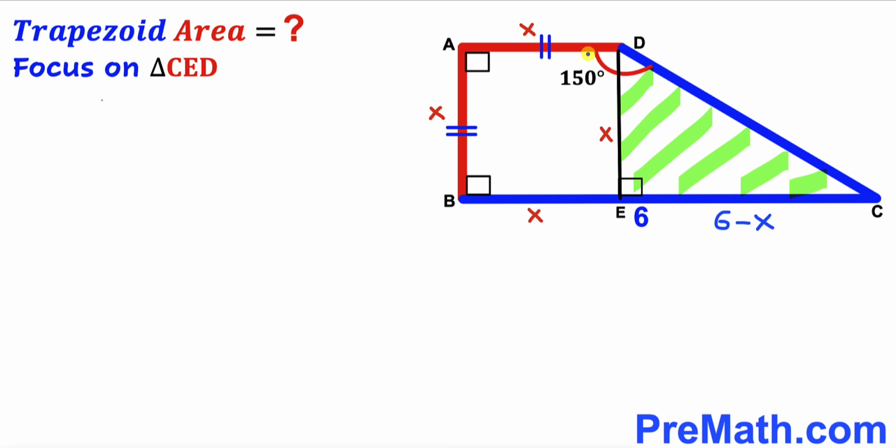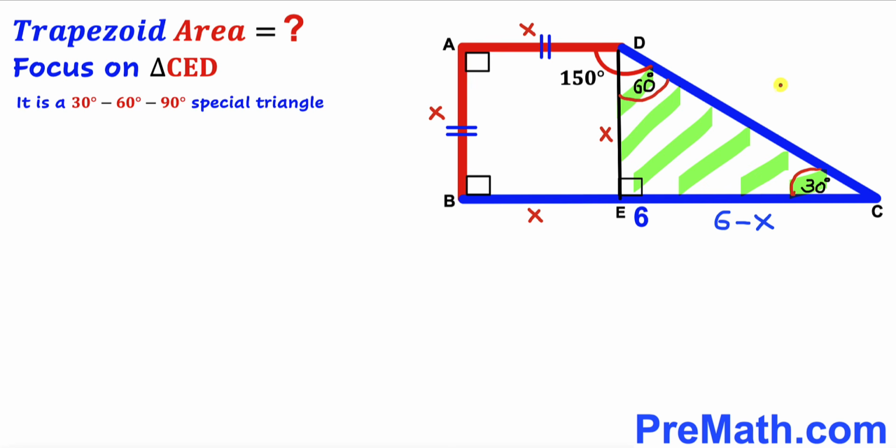We know this angle is 90 degrees, and this whole angle is 150 degrees, so this remaining angle has got to be 60 degrees. And this angle is 90 degrees, so this angle has got to be 30 degrees. So we conclude that this triangle CED is our special 30-60-90 triangle.